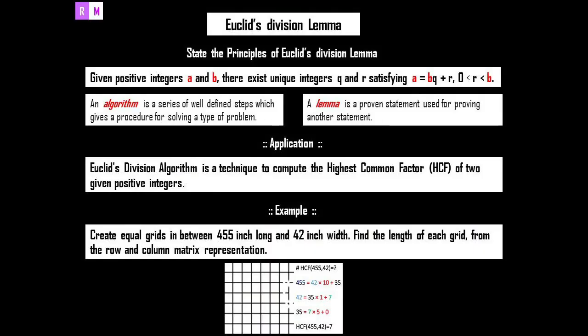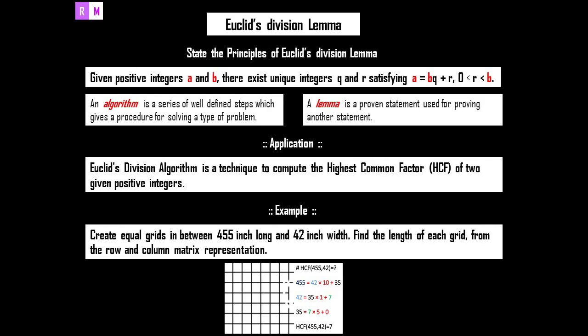In Euclid's division lemma, if we take a as the dividend and b as the divisor, and we divide a by b, we get r as the remainder and q as the quotient.